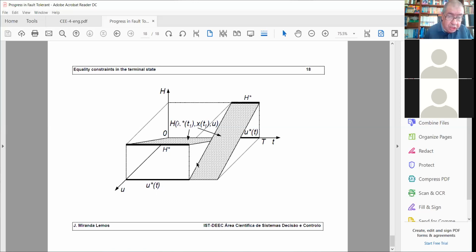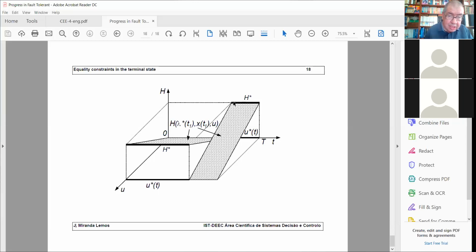Then you do a switch, that is to say, the Hamiltonian as a function of u that was this line becomes a line with a different sign and slope. So the maximum is no longer attained for this value of u, but for that value of u over there.